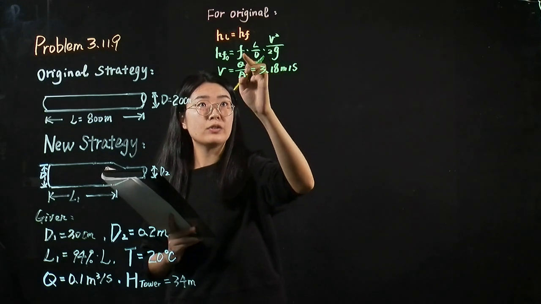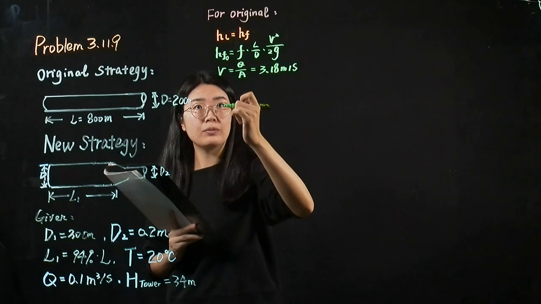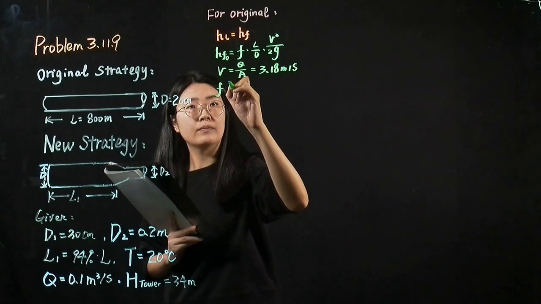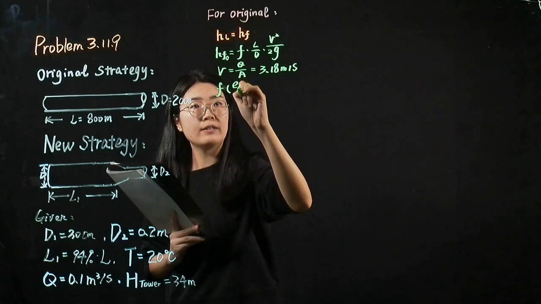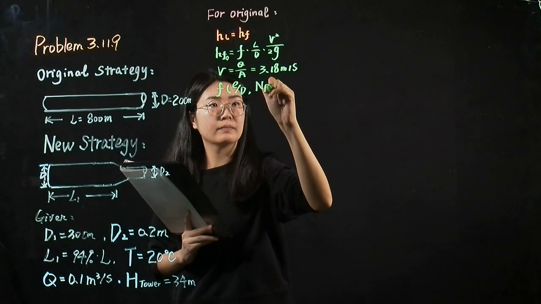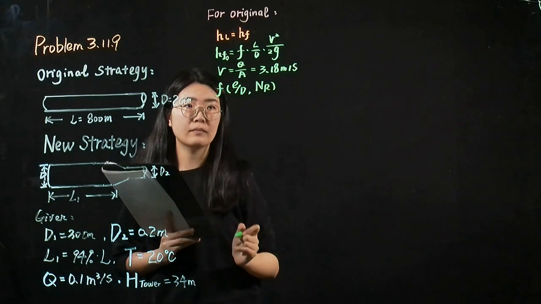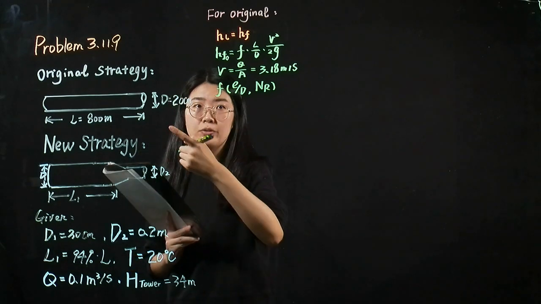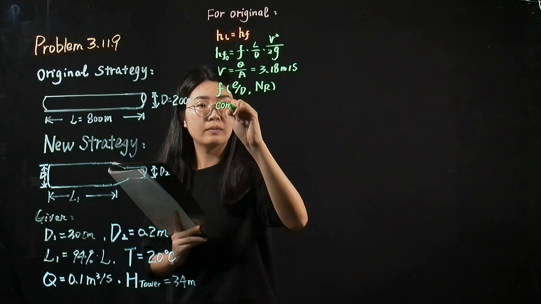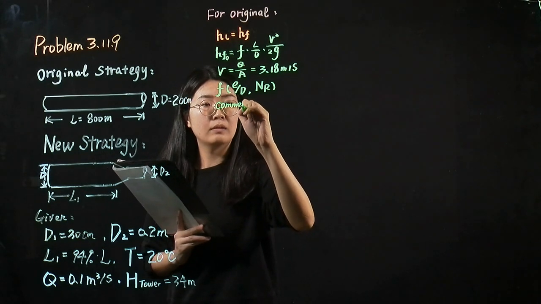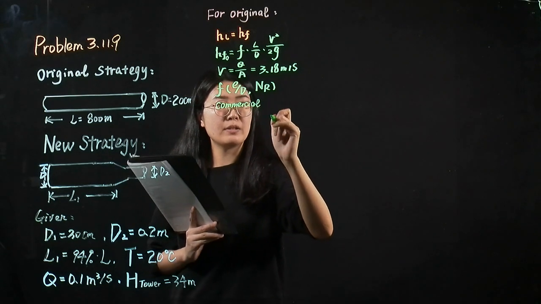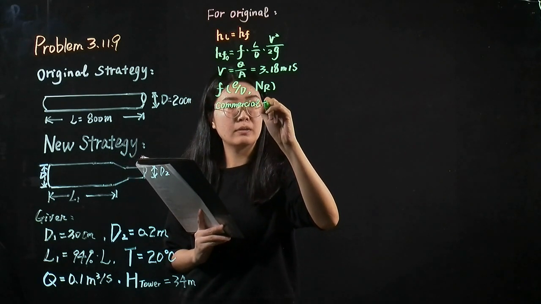Then the next step is to calculate the friction factor, which is related to the relative roughness and Reynolds number. Because it's a commercial steel, we can search the roughness in a textbook.